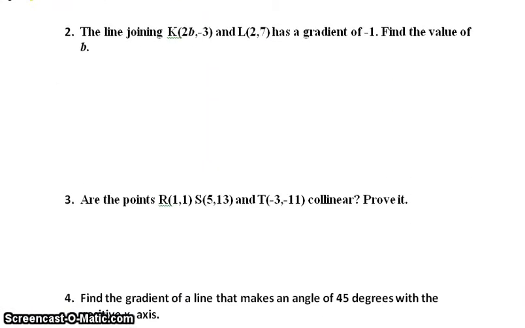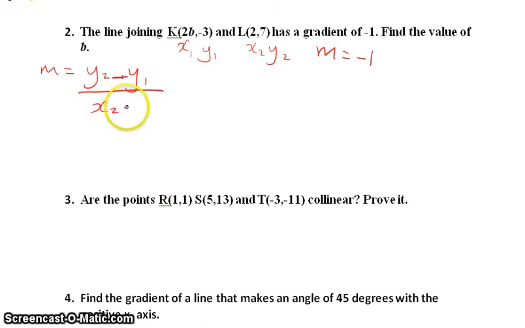Okay, some interesting problems. The line joining KL has a gradient of -1. Find the value of b. So I'm going to use the same process as I would with x1, y1, x2, y2. I know that m is -1. Okay, here's my formula: m equals y2 minus y1 over x2 minus x1.